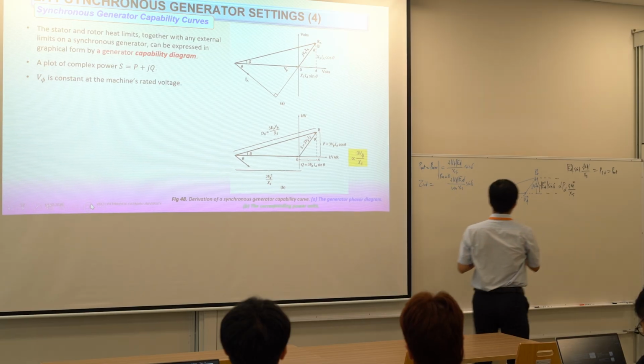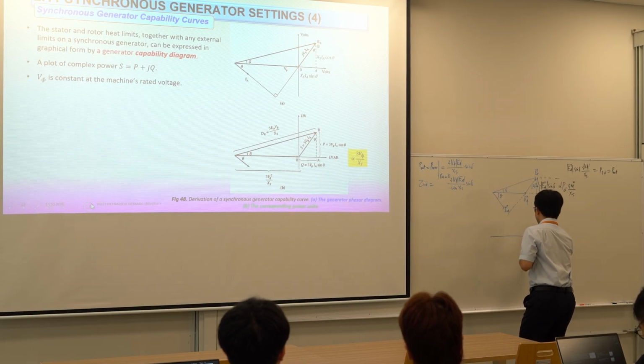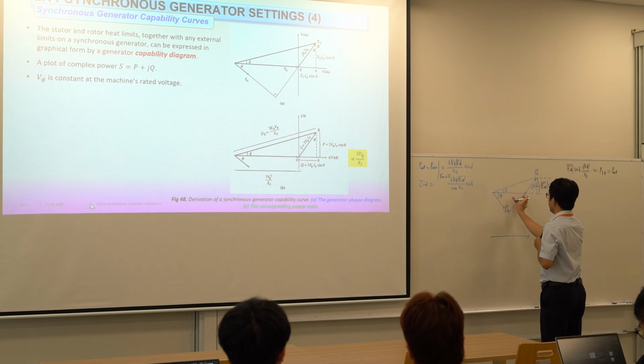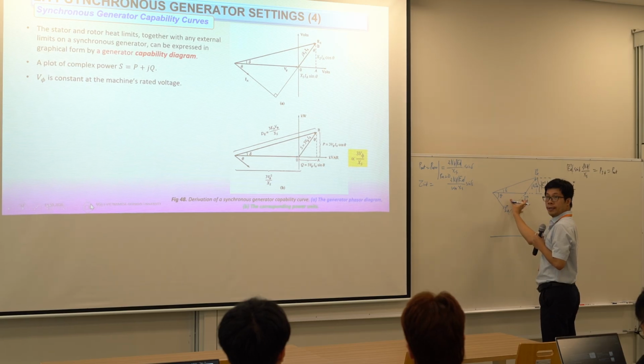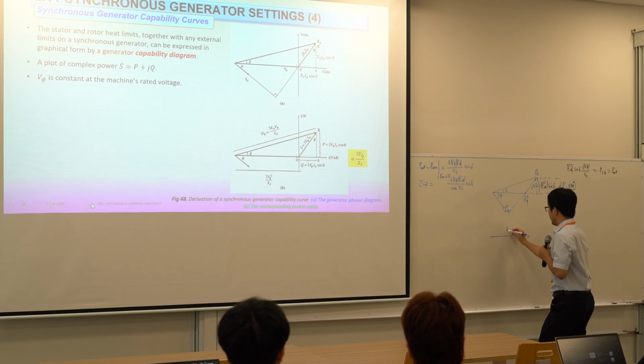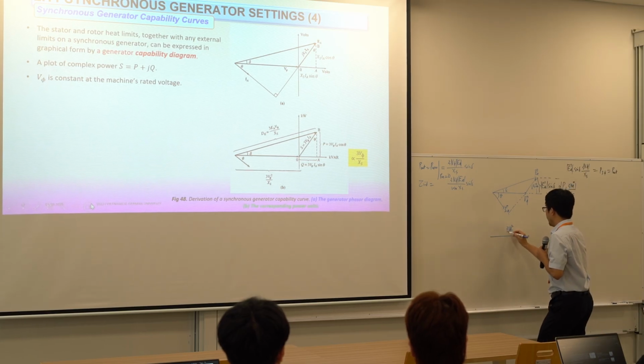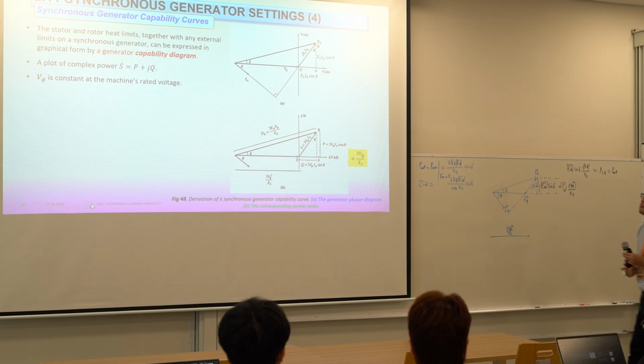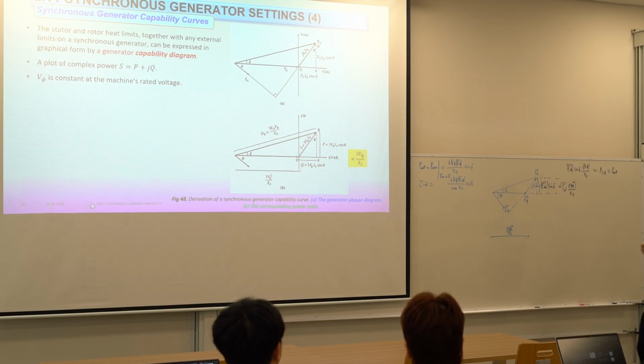Okay, so I draw again. Now consider this one. This is the V phase, right? V phase times 3V phase over XS, so this becomes 3V phase squared over XS. I mean this segment.